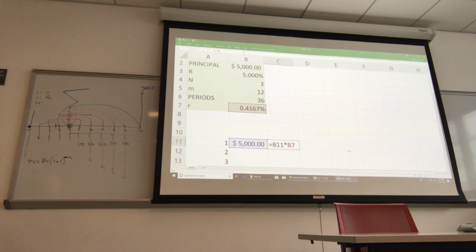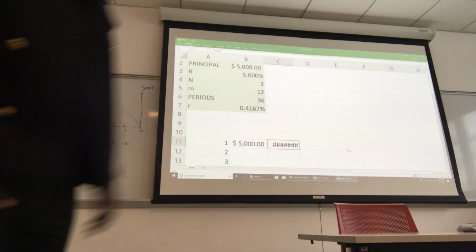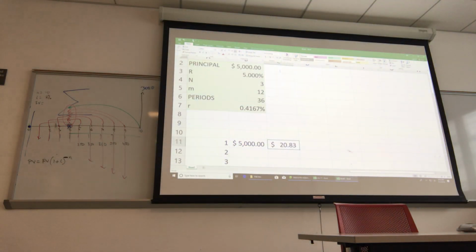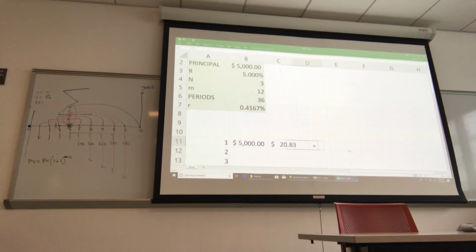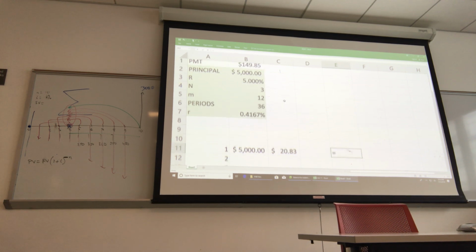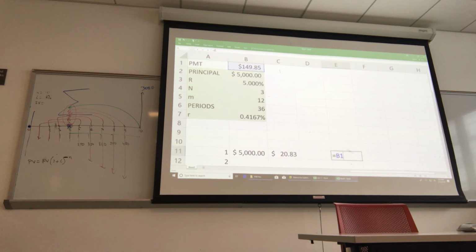The monthly rate does not change. It stays as it is. I want to see what is this number. This number here is $20. And the payment that he has is fixed.